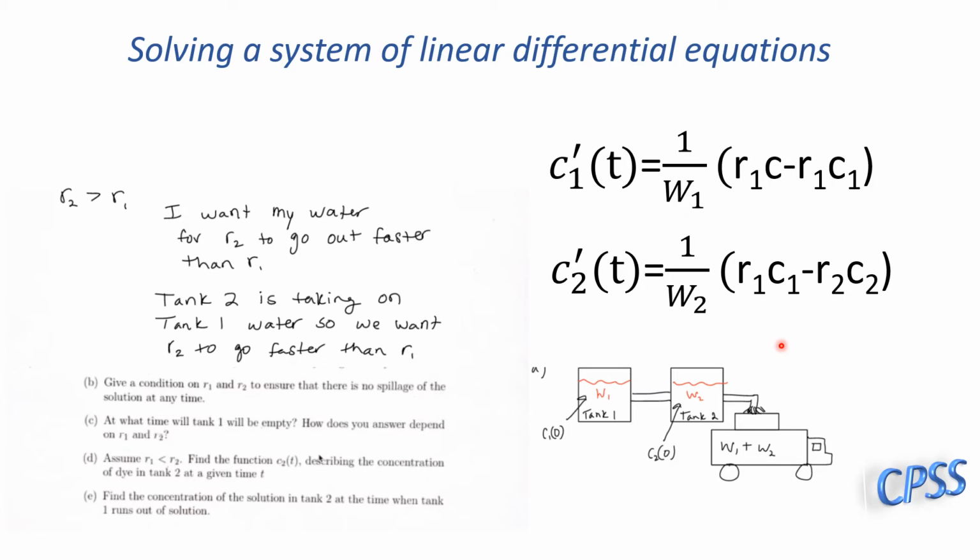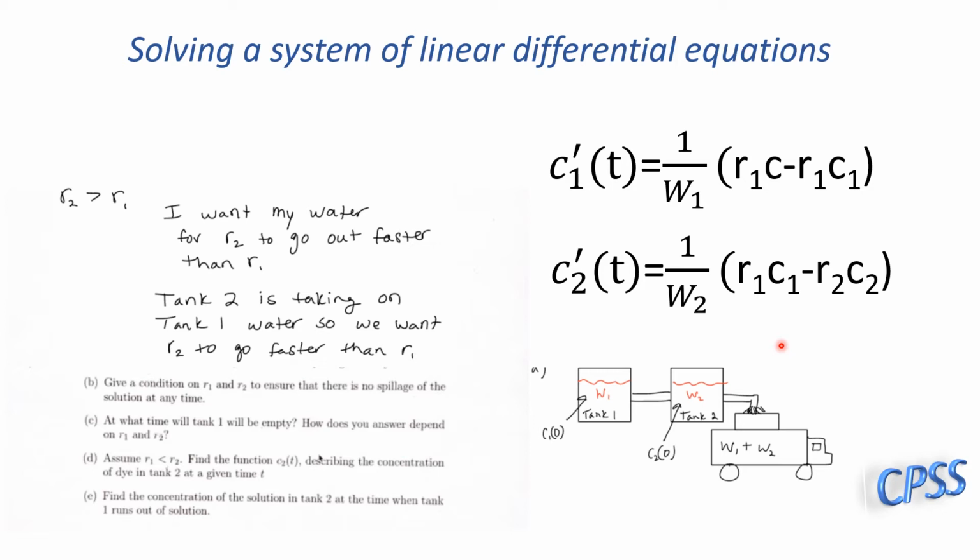Now, given a condition on R1 and R2 to ensure there's no spillage of solution at any time, what condition do you need to have? Well, you need R2 to be greater than R1, which makes sense, because if R1 is greater than R2, there is a chance that you could have a spillage in tank 2.